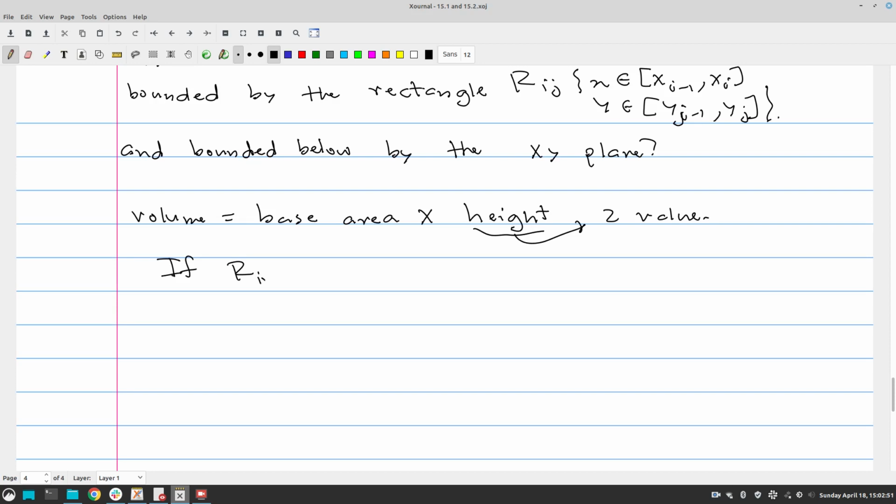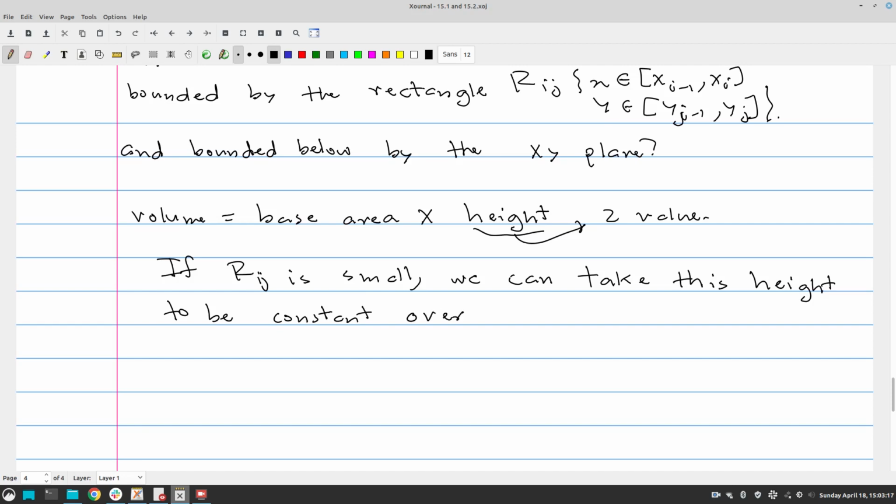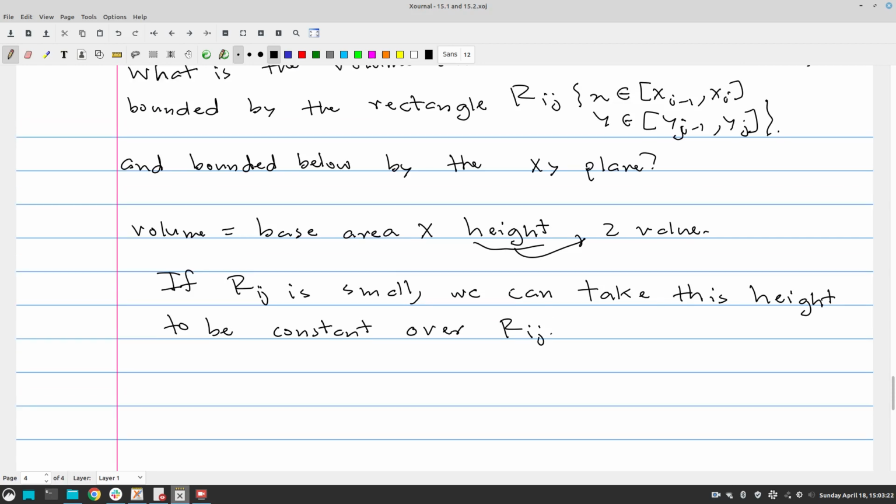Now if Rij is small, we can take this z value to be constant over Rij.